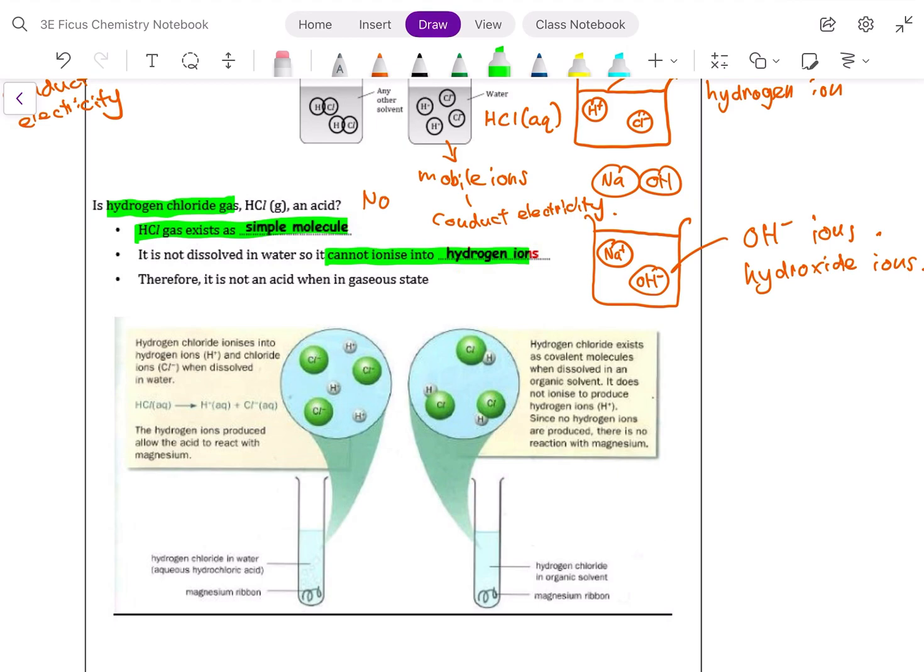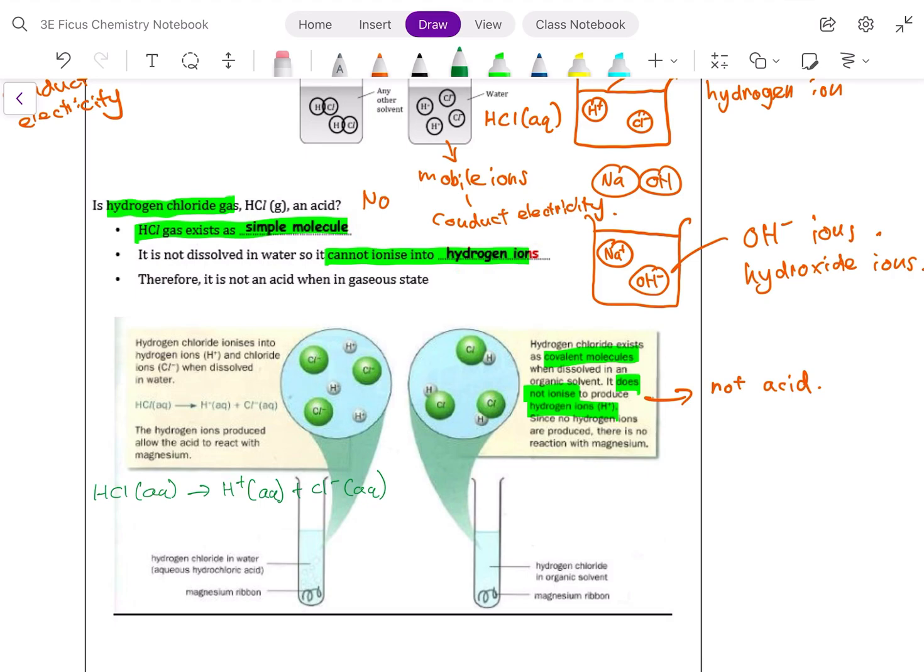But if you don't, then it exists as a molecule, so it does not ionize to produce H plus ions. Without the H plus ion, it's actually not an acid, so there will be no reaction. To represent this dissociation, we use this equation down here, just to make it slightly clearer to you. It might not be very clear on the diagram inside your notes.